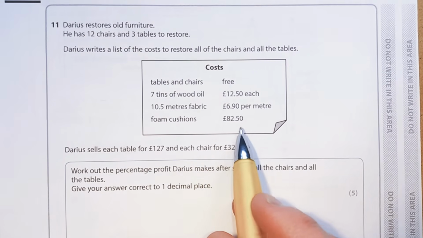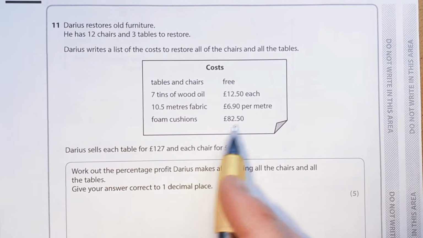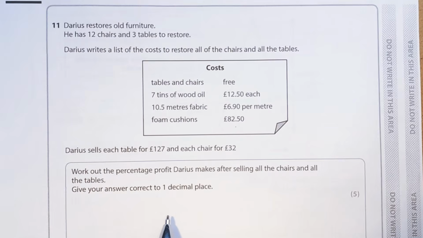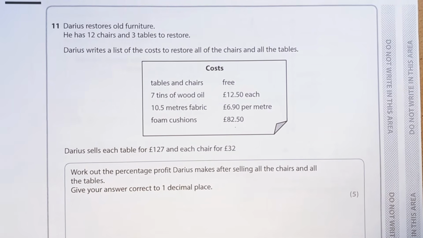And foam cushions, which are £82.50. Now it's saying cushions, so I'm assuming that's for all of the cushions that he needs. Darius sells each table for £127 and each chair for £32. Work out the percentage profit Darius makes after selling all the chairs and all the tables. Give your answer correct to 1 decimal place.